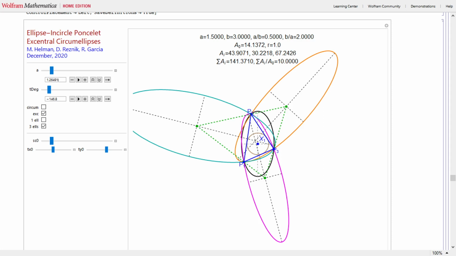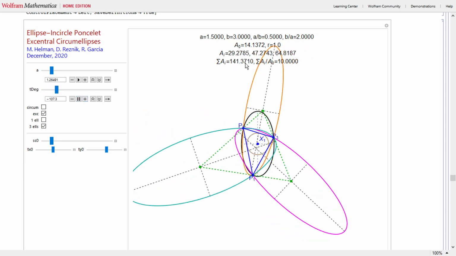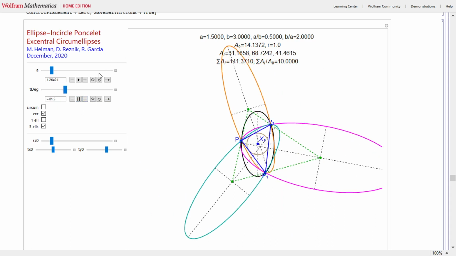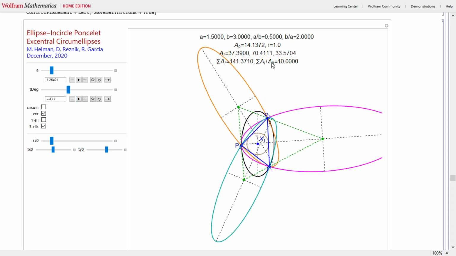We've manually found an auxiliary constant here that sets this aspect ratio of 2.0. So now my black ellipse has aspect ratio 2. Let's animate that. The sum of the three areas is still invariant. However, at this special aspect ratio, the ratio of the sum of areas by the area of the black ellipse is, interestingly, exactly equal to 10. Okay, so we got 9 for the concentric circles and 10 here.